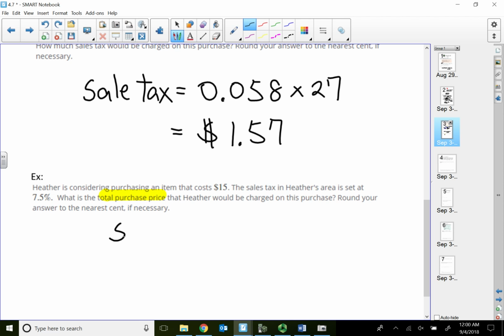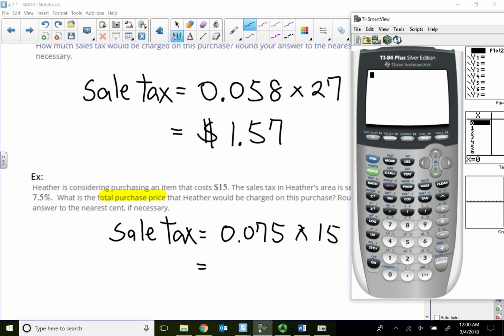Let me show you this way first. Sales tax is a part of the whole $15, so 7.5% is 0.075 times $15, so that will give me the sales tax. 0.075 times 15 is $1.13.